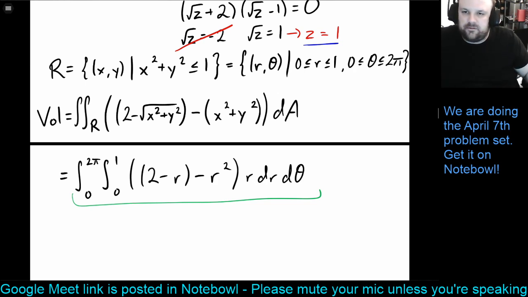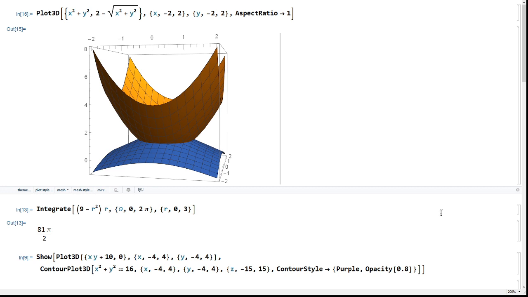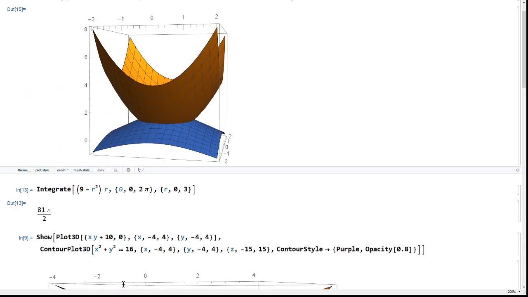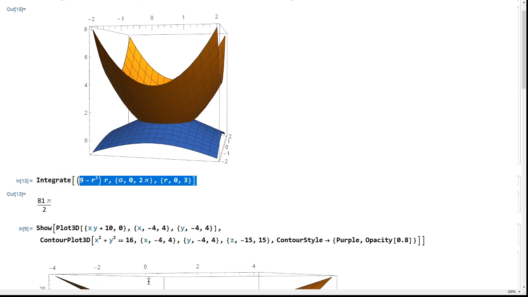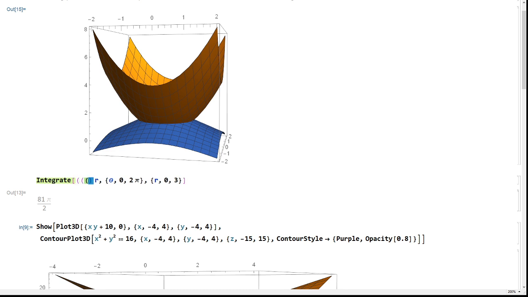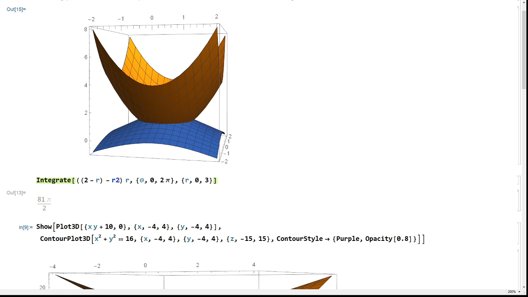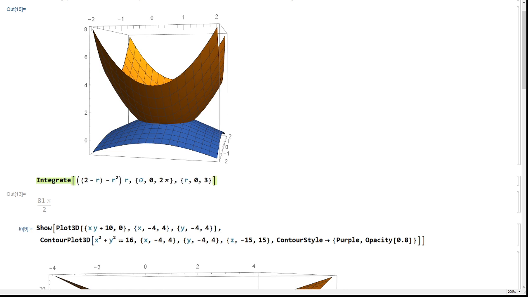So let's swap over here. So what we're integrating here, we want to integrate 2 minus r squared, times r.